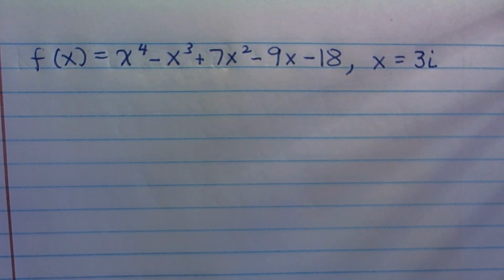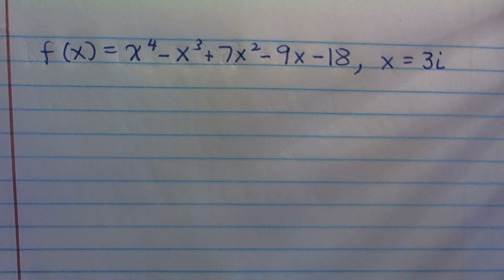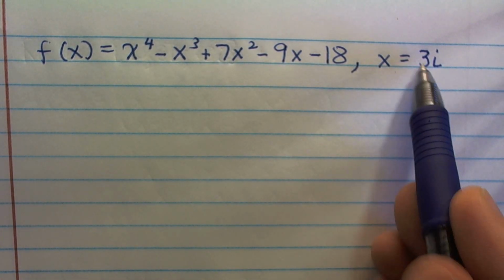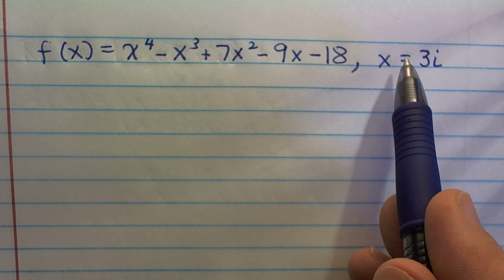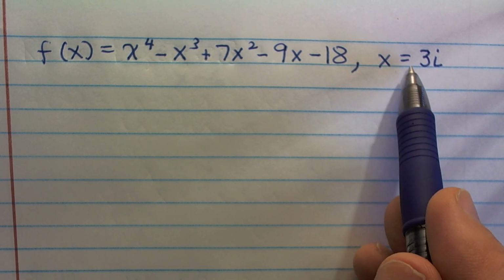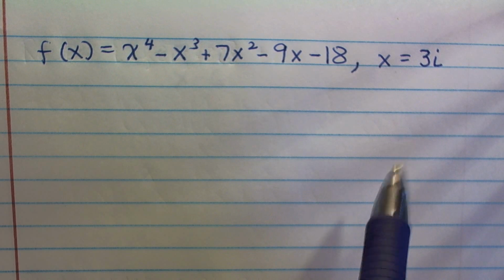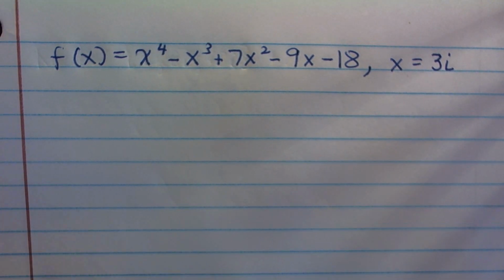Okay. Now let's look at this next one. Maybe this one will work. Now, this time I'm telling you x equals 3i is a root. Now, you know that if x equals 3i is a root, then x equals negative 3i is a root.